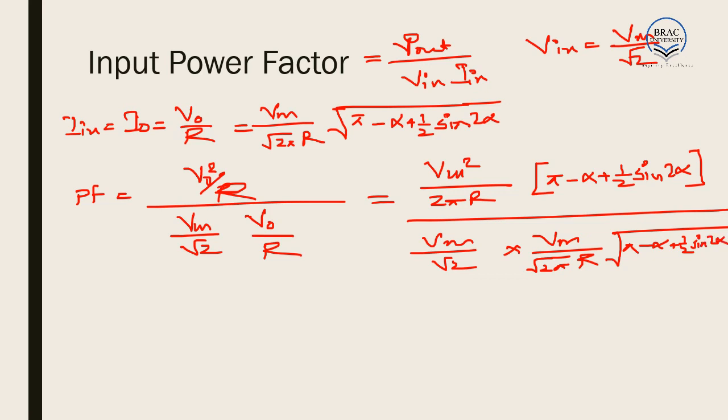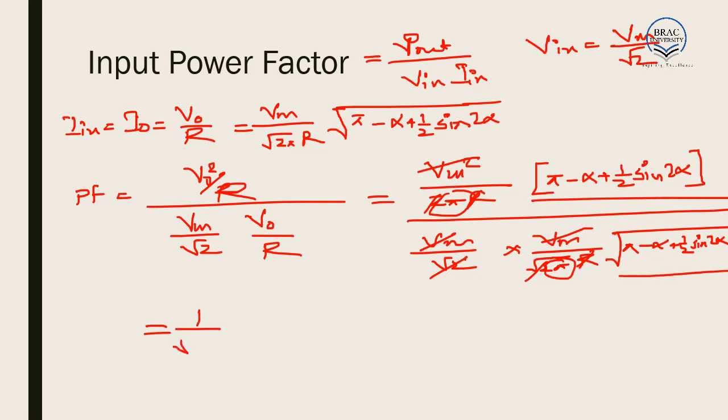If that is the case, this Vm and this Vm square get cancelled. These two get cancelled with this 2 root 2, and these also get cancelled. So what we have is this pi, and these expressions. So it becomes 1 by root pi into root of pi minus alpha plus half sine twice alpha.